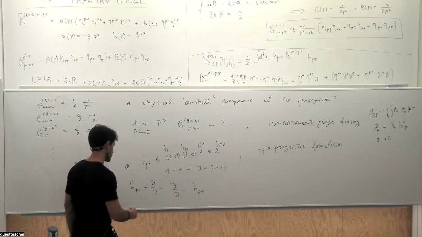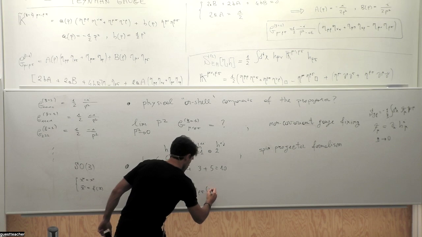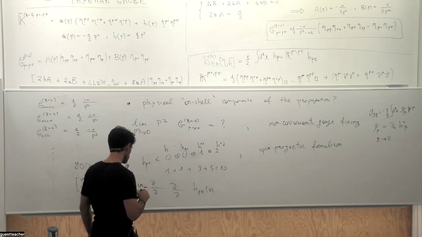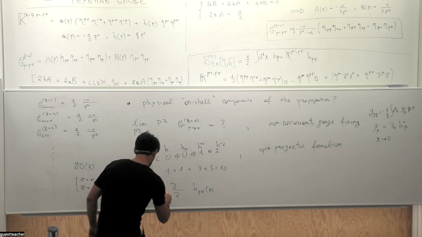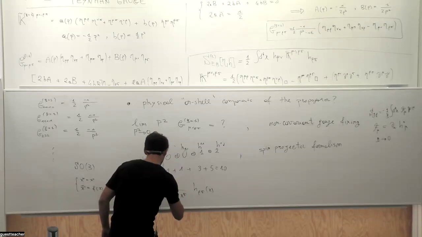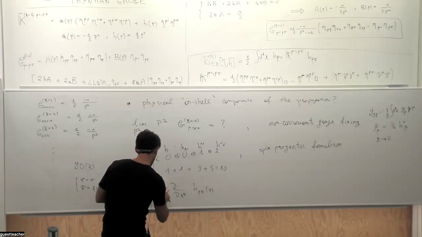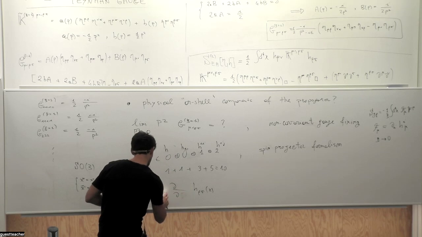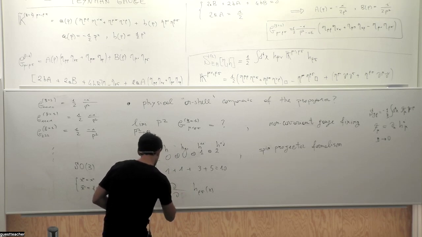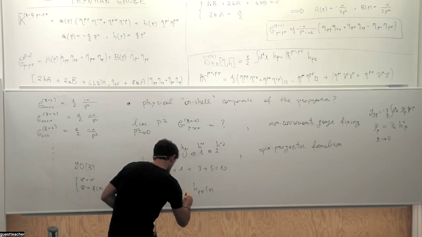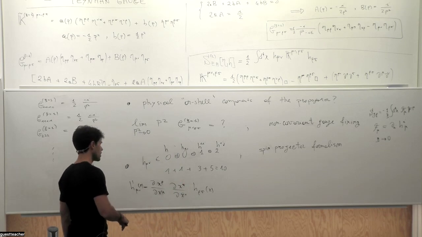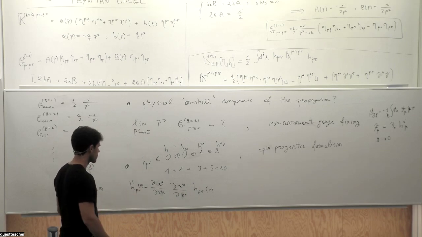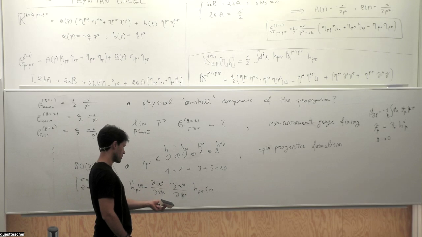Let's suppose here we have x prime, and here we have x. Let's suppose you do this transformation, okay? And you want to see how things transform.